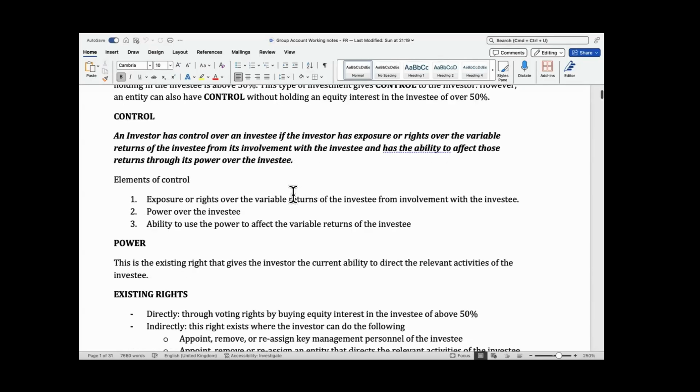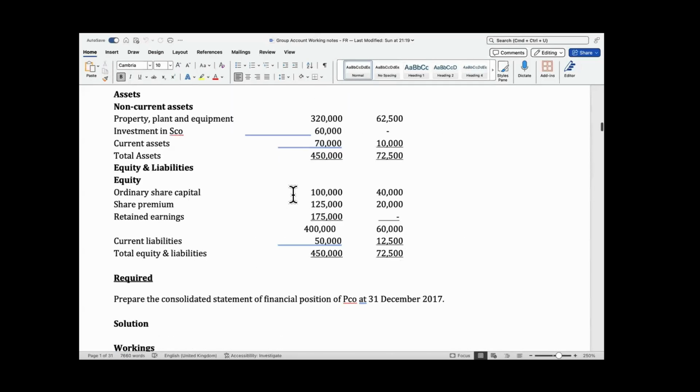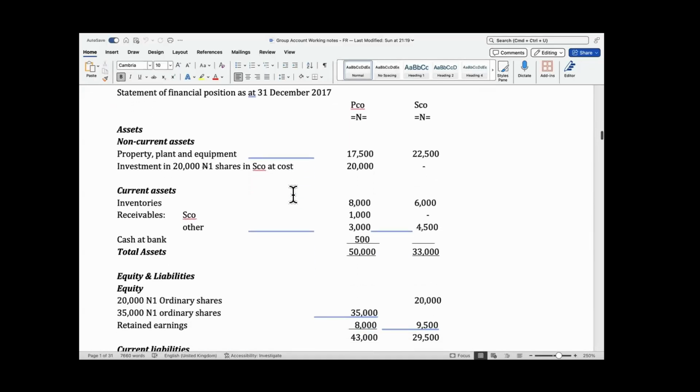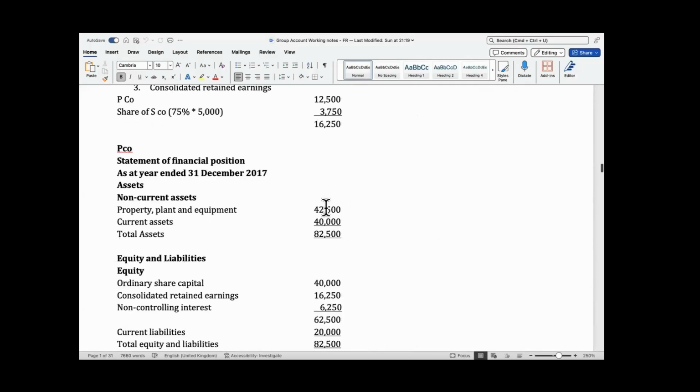Last week we were consolidating and making a series of adjustments using the same principle of cancellation, where the focus was to cancel out similar items or similar transactions between the parent and the subsidiary, and any uncancelled items should be consolidated.